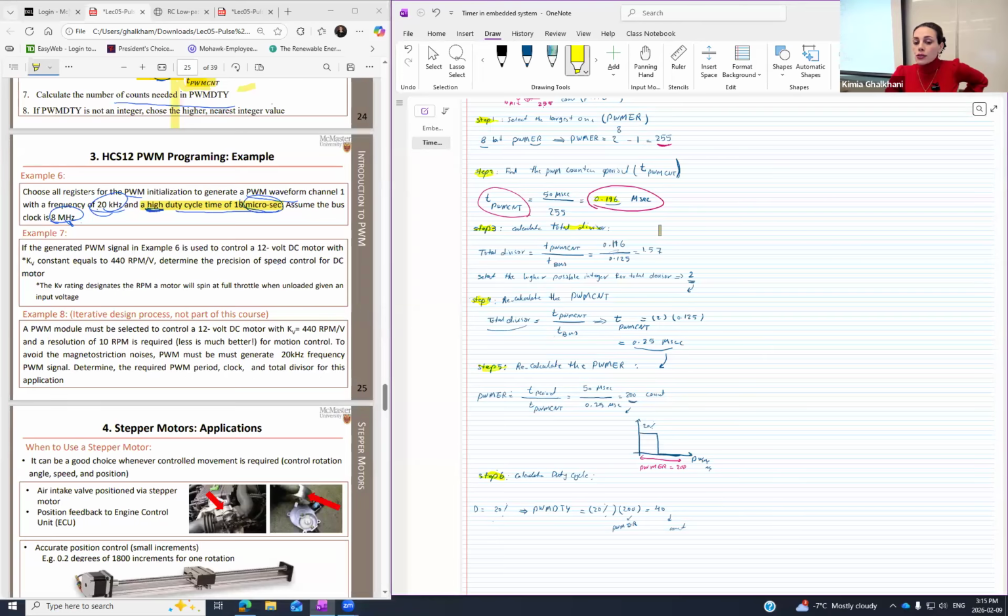And after I have the period and total divisor, I have to recalculate my counter. Then I recalculated the new counter. And then right after that, I have to again recalculate my new period, right? Using that one, I calculate, then I have 200 counts from the beginning of on time to the end of off time.